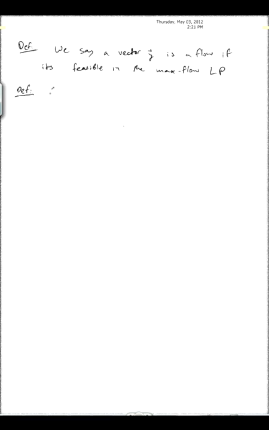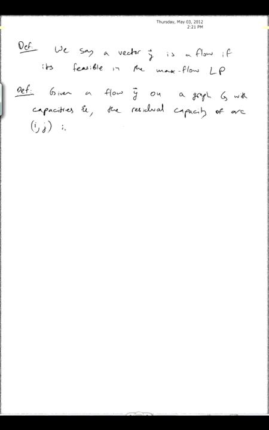Our next definition is that given a flow Y on a graph G with capacities U, the residual capacity of arc ij, which we're going to denote as Rij, stands for residual capacity of arc ij.